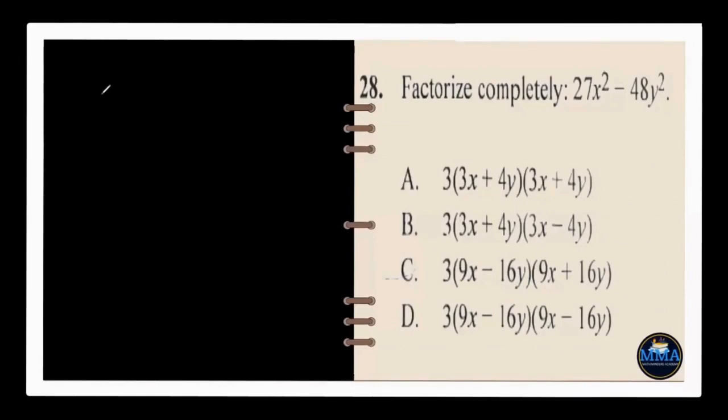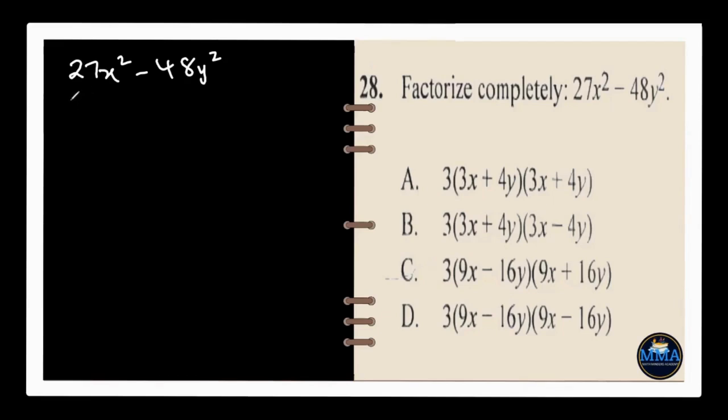Question number 28, factorize completely 27x squared minus 48y squared. Now, let's look at this. This is 27x squared minus 48y squared. So here, from 27, we are going to get a perfect square, which is 9, out of the factors of 27.